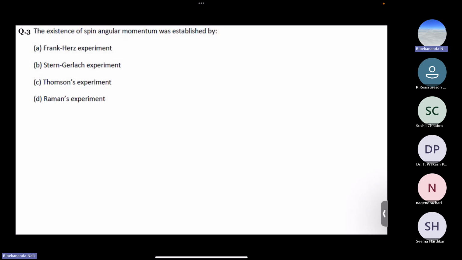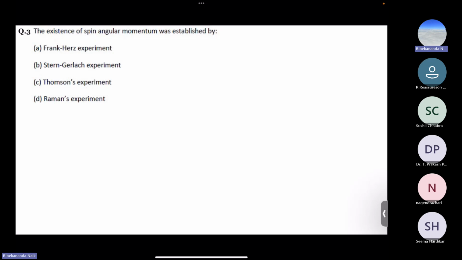Then option B, the Stern-Gerlach experiment, explains the existence of spin angular momentum. Thomson's experiment was Thomson's cathode ray tube experiment.